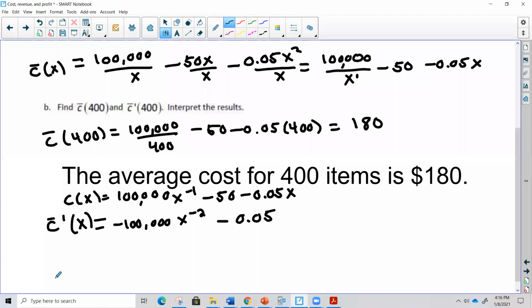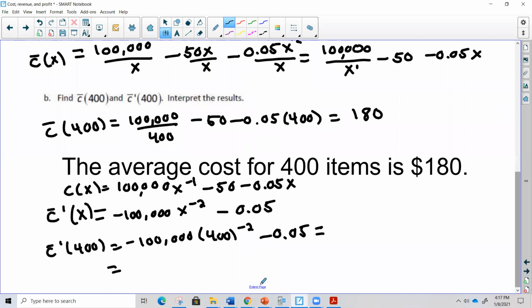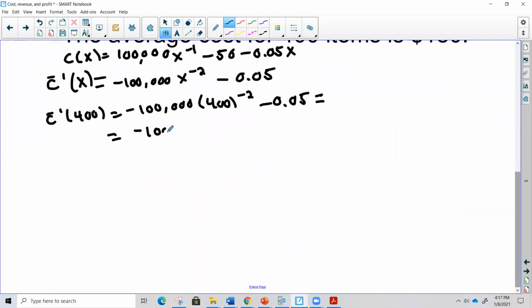I'm then going to plug in 400. And it's up to you if you want to leave it as x to the negative second. Just make sure you don't forget the negative when you're typing it in your calculator, or if you want to change it before you simplify it into like a negative 100,000, and then you would bring the x squared to the denominator, so it'd be like 400 to the positive 2 in the denominator.